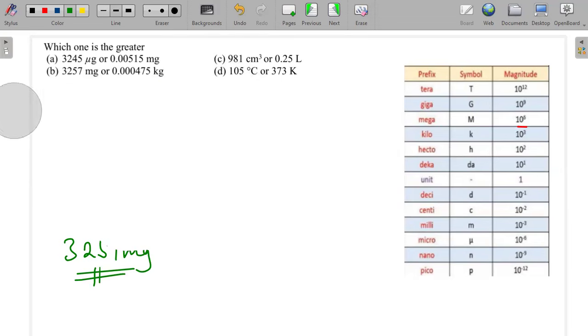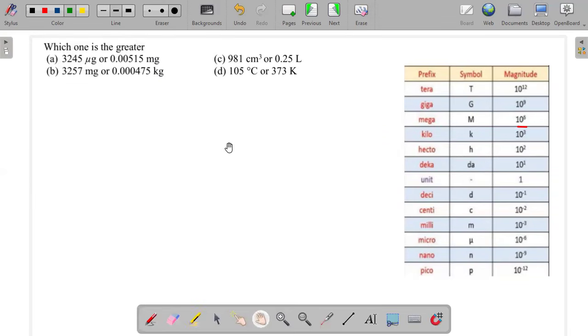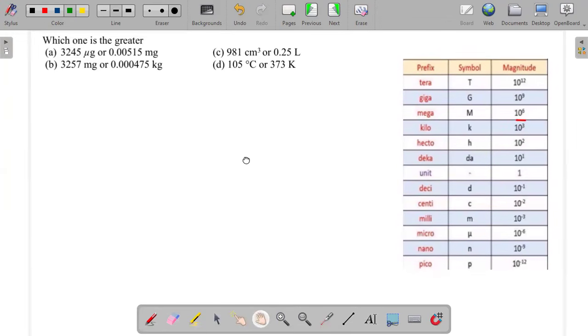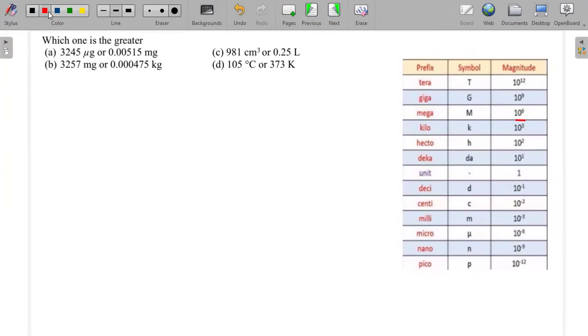So C, those are volume conversions, so we have to know some specific conversion factors for us to work that one out. We can't use the metric system directly here. They have 981 cubic centimeters, and on the other side they have 0.25 liters. So we just have to change these to liters or those to cubic centimeters.